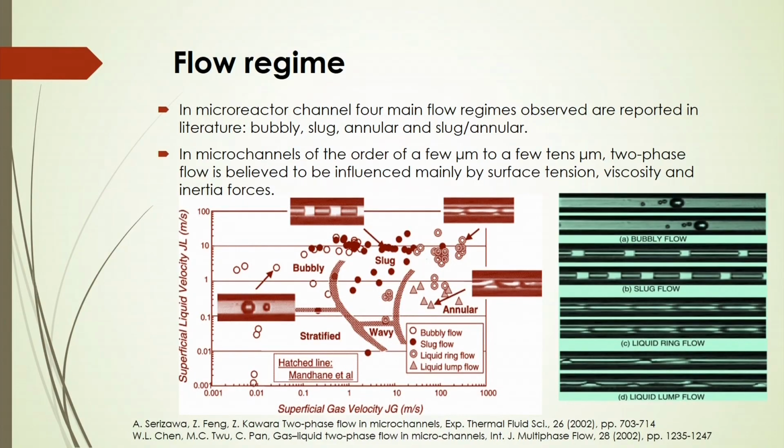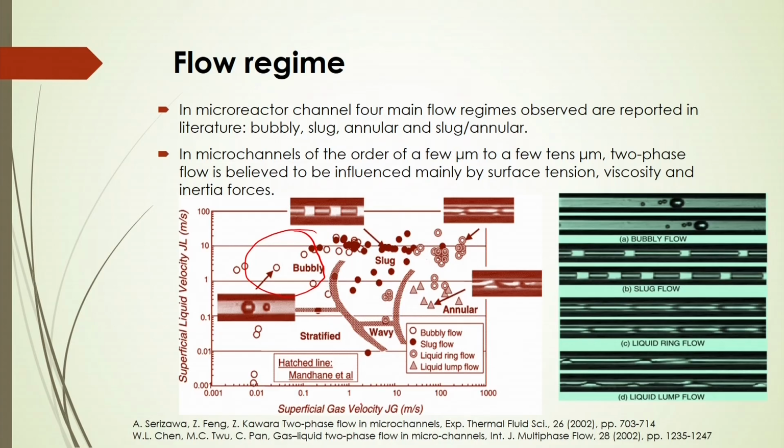Here it is shown that different operating conditions give these four types of flow patterns, like bubbly flow. You can have the bubbly flow regime in this region of the map. This map is formed by superficial liquid velocity versus superficial gas velocity.